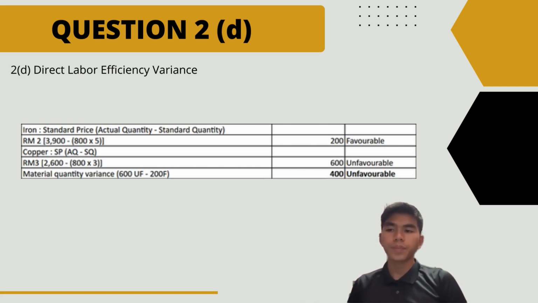For the copper, we use the same formula, 3 ringgit times 2,600 minus 800 times 3. So we got 600, which is unfavorable because the actual quantity is higher than standard quantity. So for the material quantity variance, 600 unfavorable, we minus by 200 favorable, we got 400, which is unfavorable because the actual quantity is higher than standard quantity.